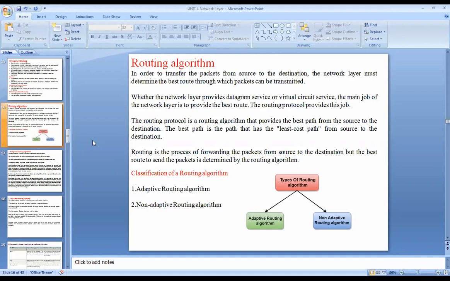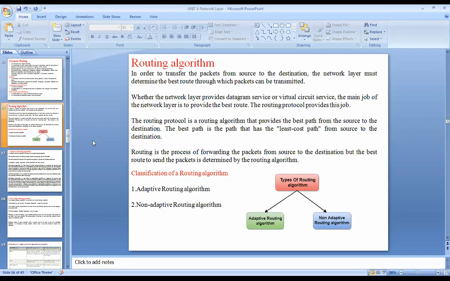Similarly, this routing algorithm is going to provide the packets with routing maps: which route you have to take to reach the particular destination, where you have to move from, and where you have to reach. That has to be calculated in this routing protocol, and the routing protocol takes the help of the routing algorithm.